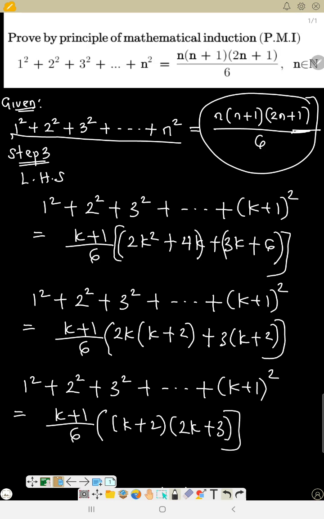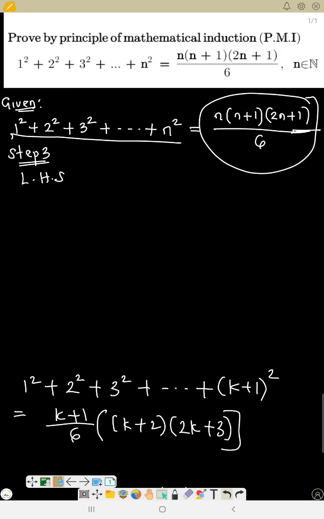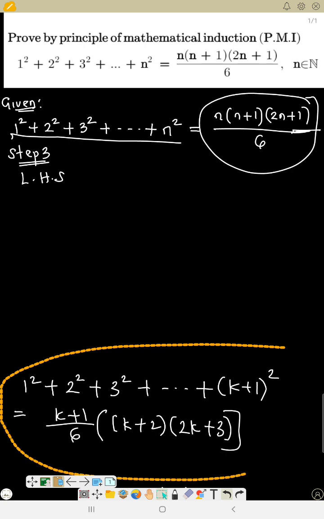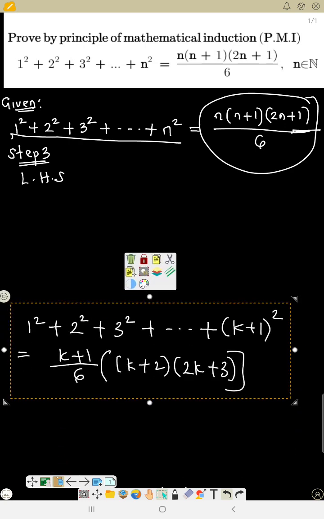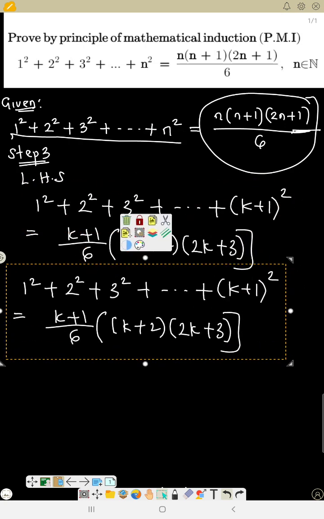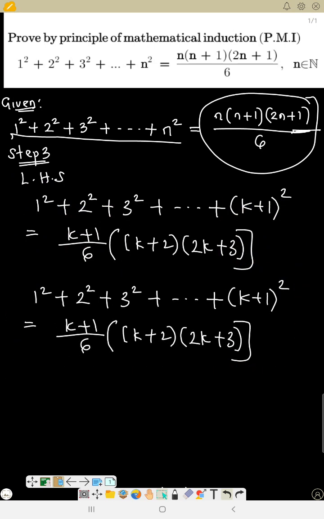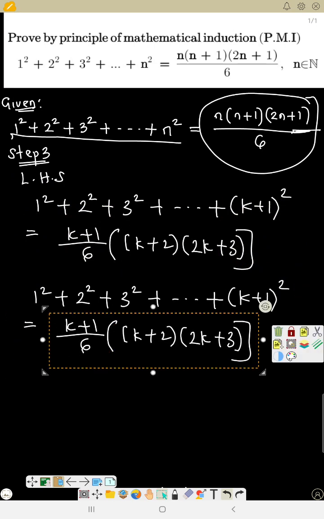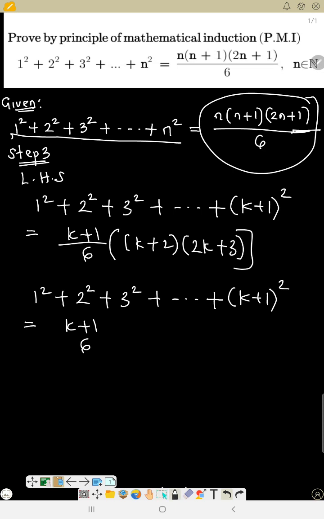So like that. In the next step, split everything to k plus 1 times. So we have brackets.